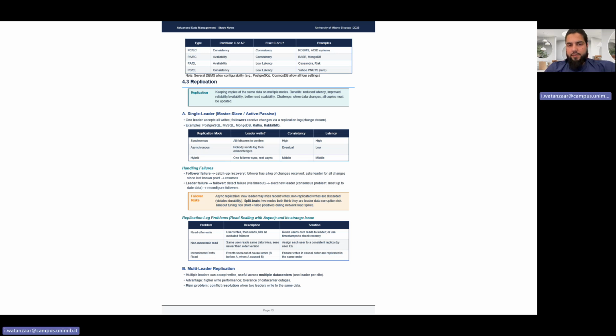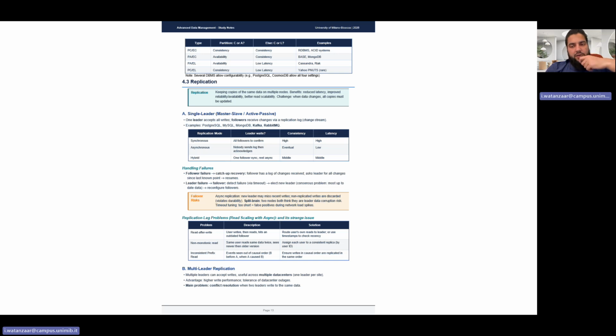Non-monotonic read is when the same user reads the same data twice, and the next time they see an older version. So a user reads the same data twice, first from a follower having newer data, then from a follower having the older data.